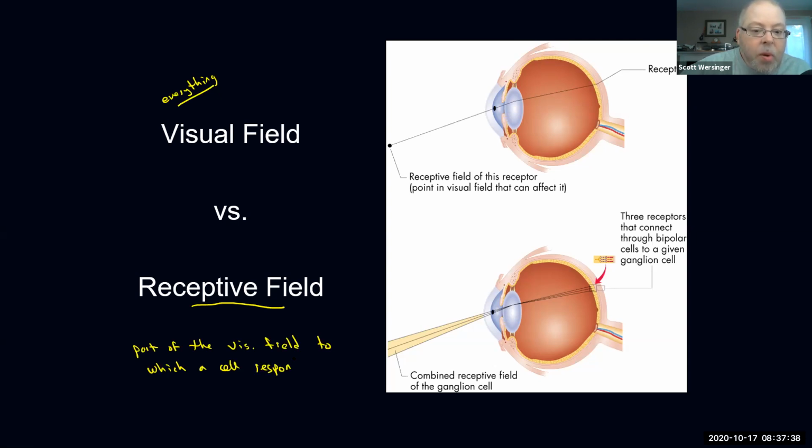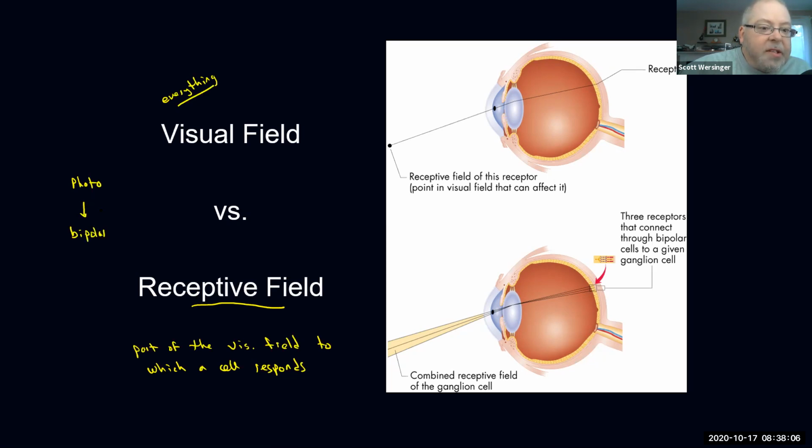Okay. Now, when we're analyzing receptive fields, one of the things you have to be clear about is which cell you're talking about. Okay, so in general, the photoreceptor has the smallest receptive field. Several photoreceptors are going to hook up to a bipolar cell.